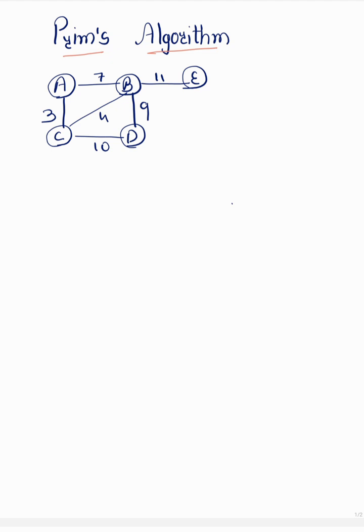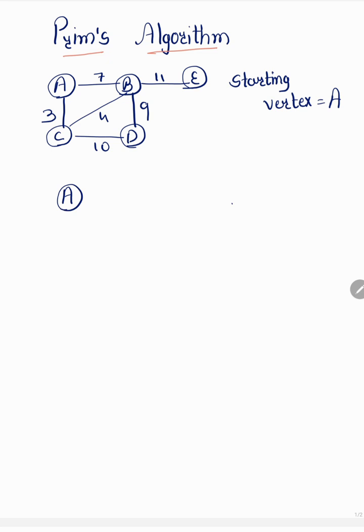So here I am considering A as my starting vertex. I'm just writing over here that my starting vertex is A. In an examination also, if you are choosing by yourself, you can just write it down, make a note that my starting vertex is this. So I have already selected my starting vertex.